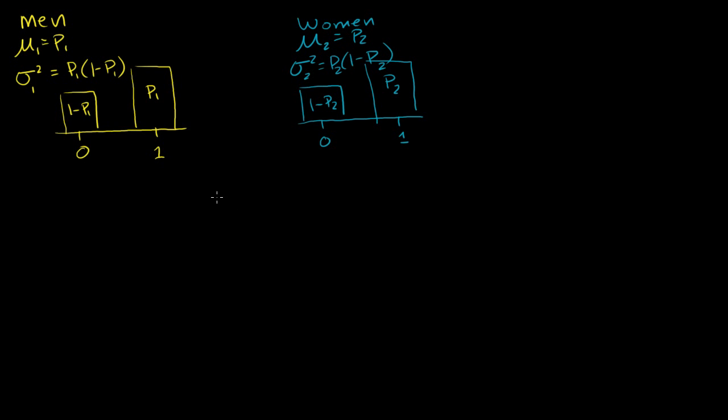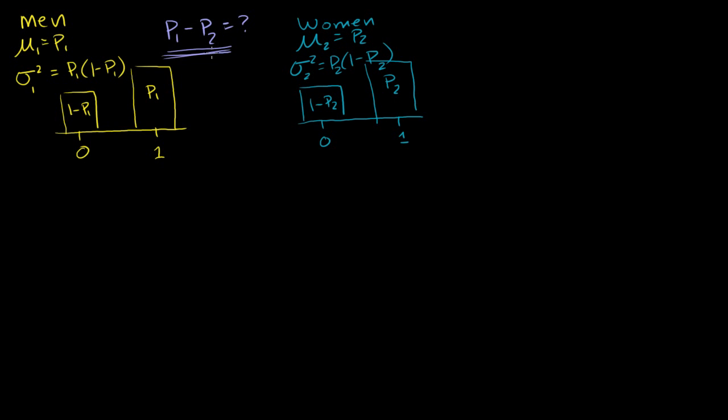Now, what I want to do, and I think I said this at the beginning of the video, is figure out if there's a meaningful difference between the way that the men will vote and the women will vote. Is this different? Is this meaningful? So is there a meaningful difference here?